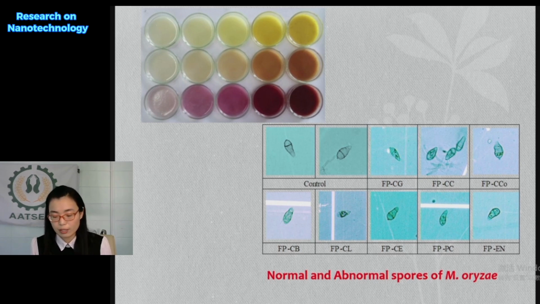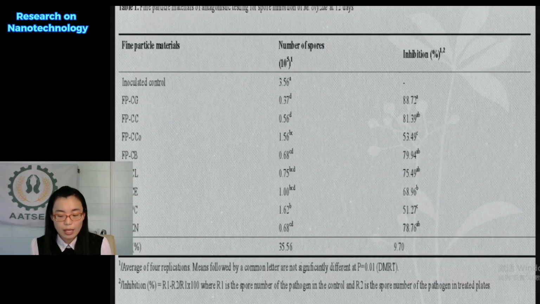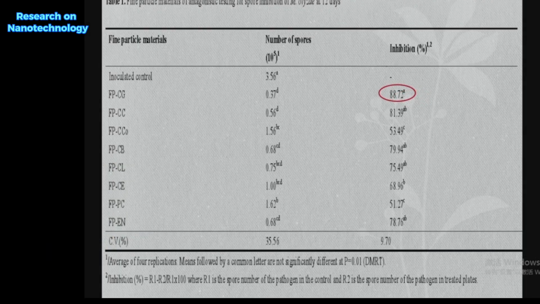These can destroy the spores of Magnaporthe oryzae. And the nanoparticles can also inhibit the spore production of Magnaporthe oryzae in the media, with inhibition as high as 81% of the spore production.